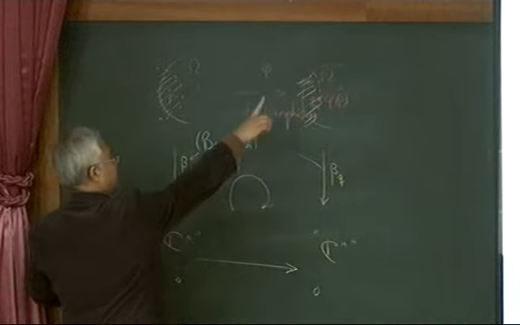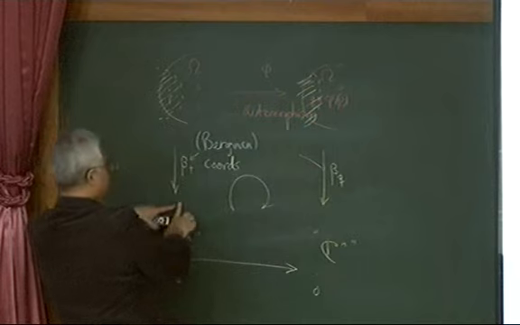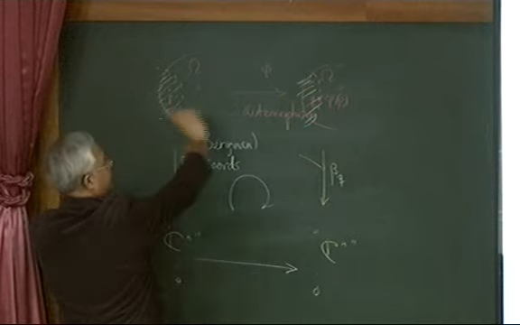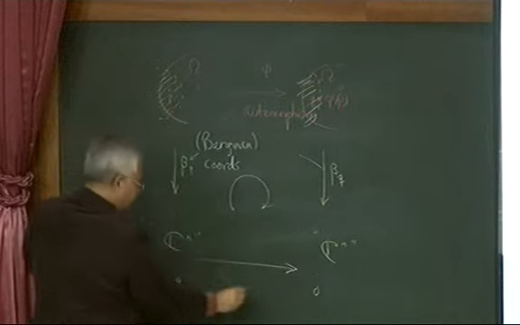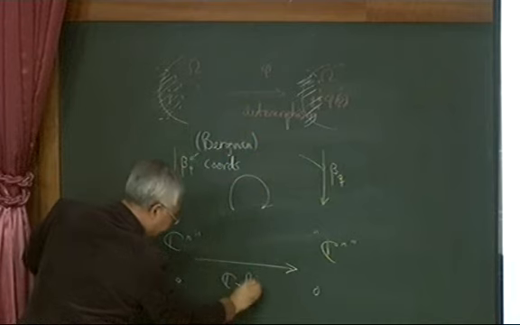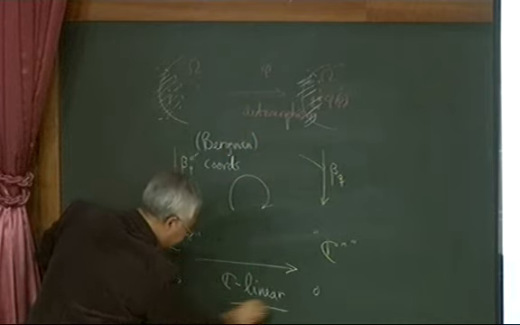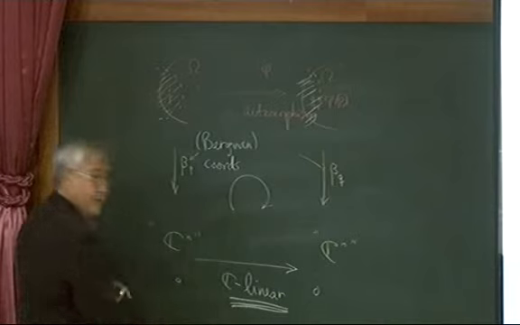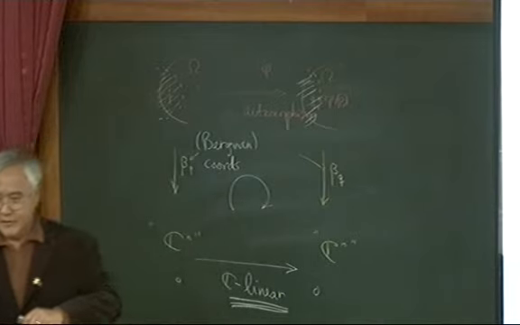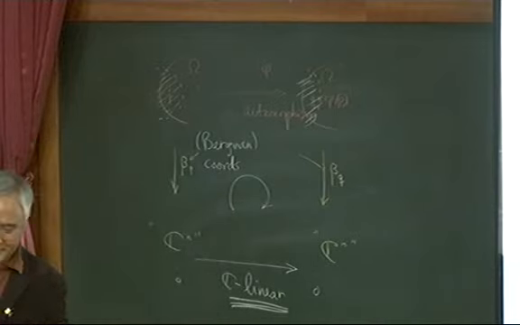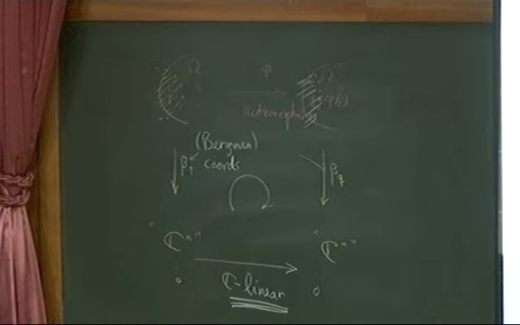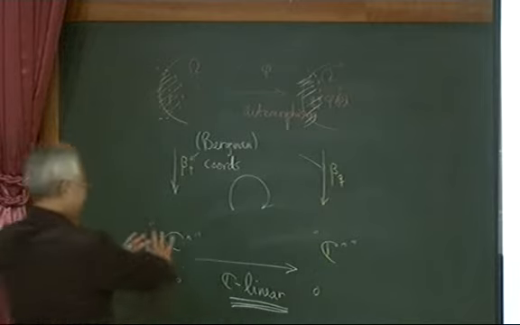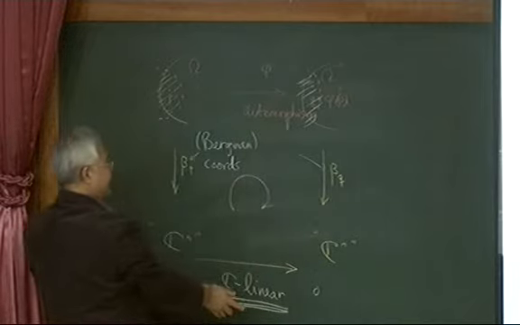But this composition, from beta inverse to phi and then beta, becomes complex linear. That's the magic here. Once you have a linear map, even though it is locally defined, we know how to extend a linear map. It's so easy, right? A linear map is just extended. And so this thing extends beyond the boundary.